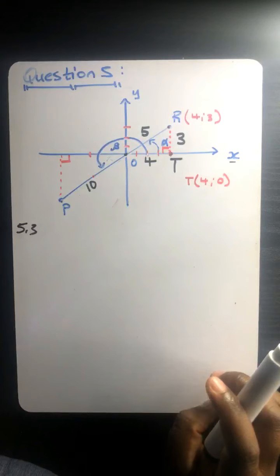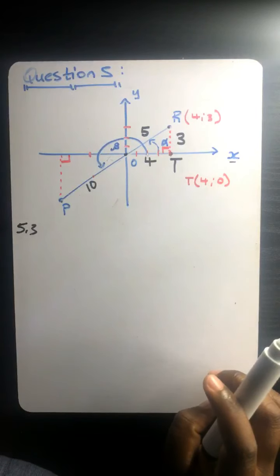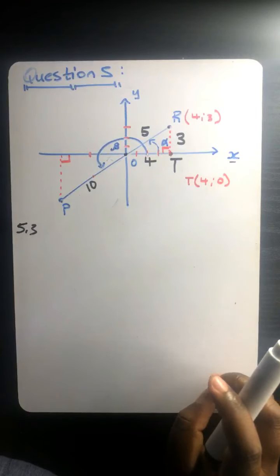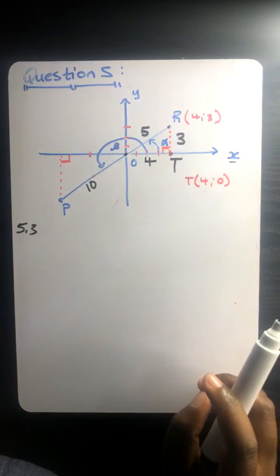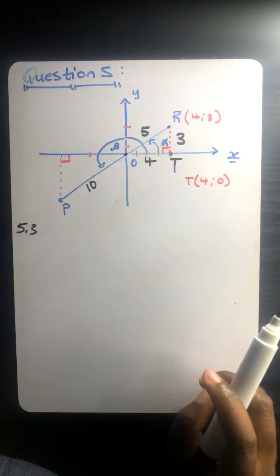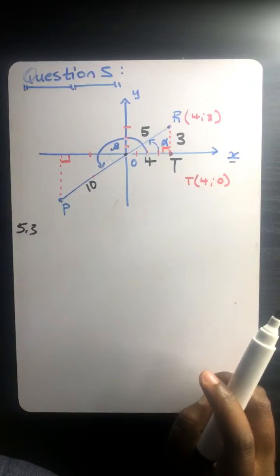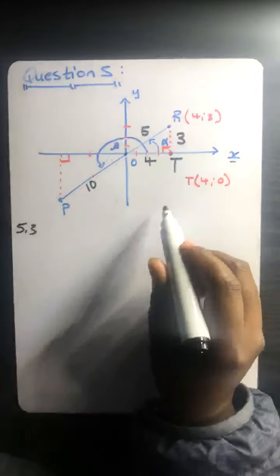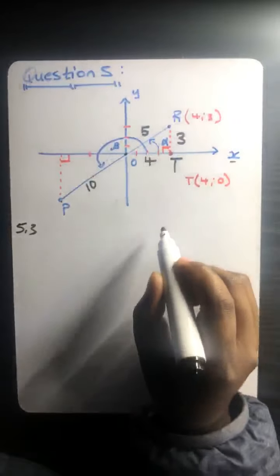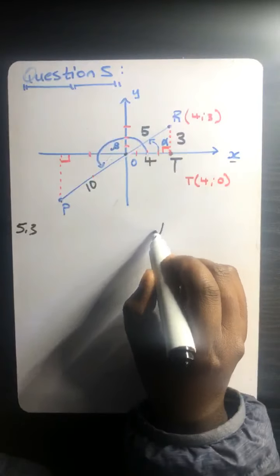And they've given us sine alpha is equal to 3 over 5. So I think we're going to say alpha is equal to arcsine of 3 over 5. Yes. So if we want to know what that angle is, we can simply say alpha.